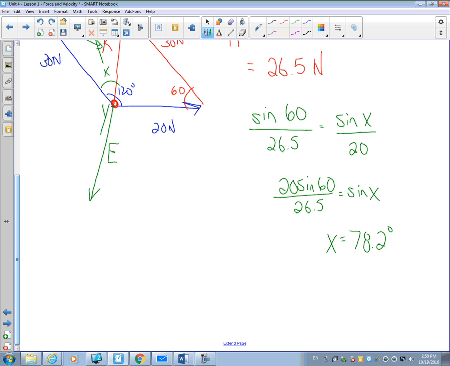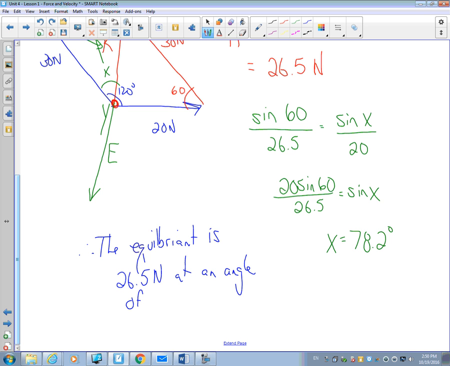If I want to figure out the equilibriant, well, it's the same size, same magnitude. So 26.5, sorry, 26.5 newtons at an angle of, and we're trying to get y right here, right?